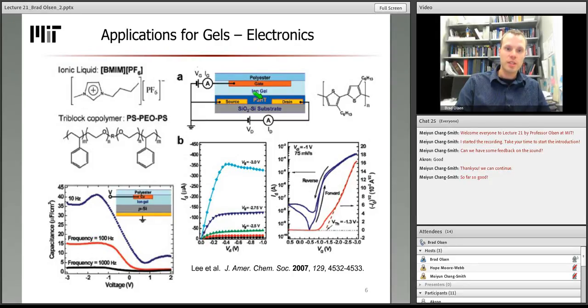They use this to produce an organic transistor, which has the ion gel as a gate dielectric. And so they're able now to start to produce organic electronics with different soft and flexible materials using these ion gels due to their capacitance and high rate of ion motion, which is again uniquely enabled by the fact that you have fast solvent motion within a solid-like material when you look at a hydrogel.